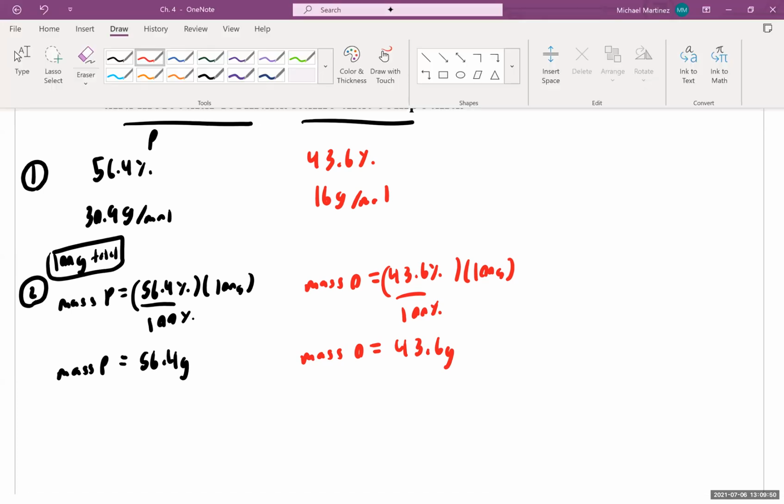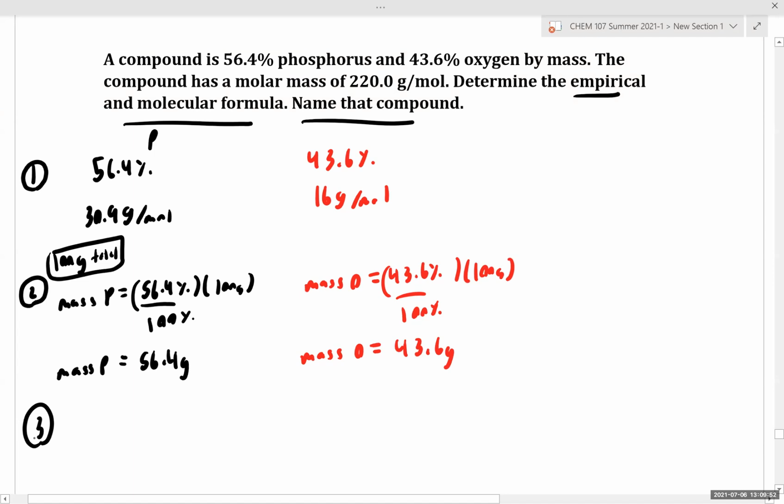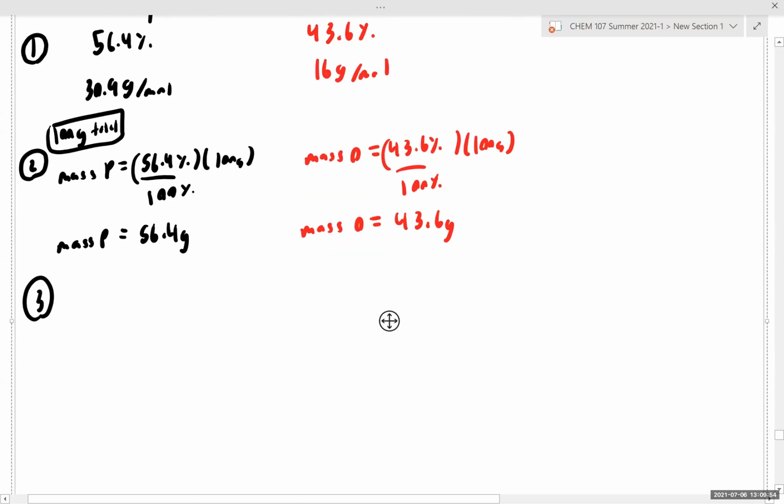Okay. Would anyone like to share their next steps in this calculation? How many moles of each element do we have? And what are the mole to mole ratios? Or if there's a question I can address to advance this discussion, don't hesitate to ask.